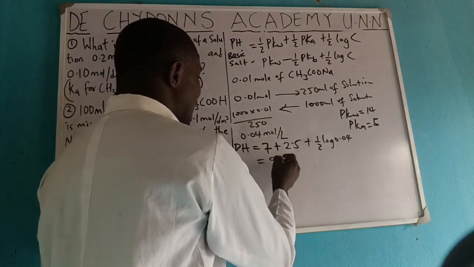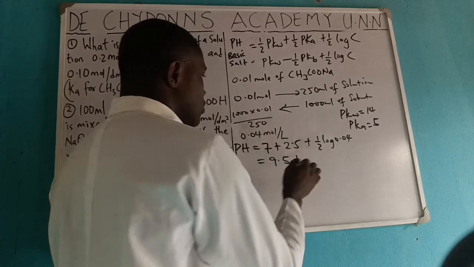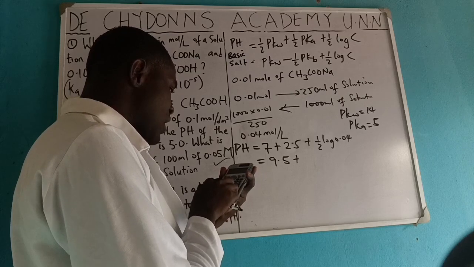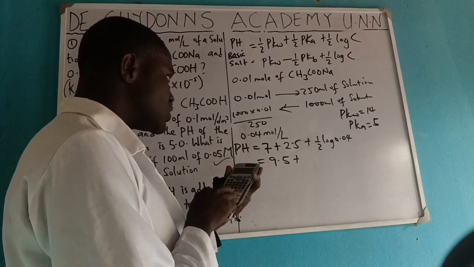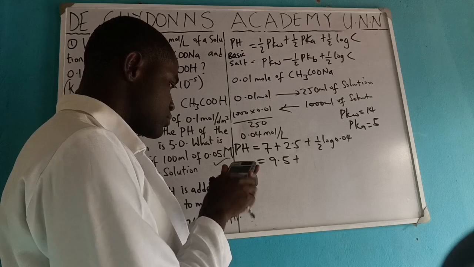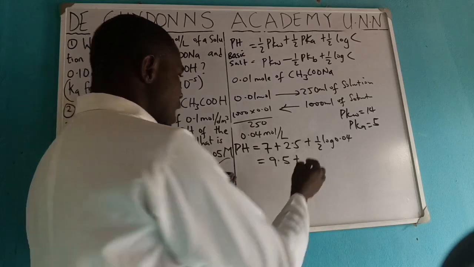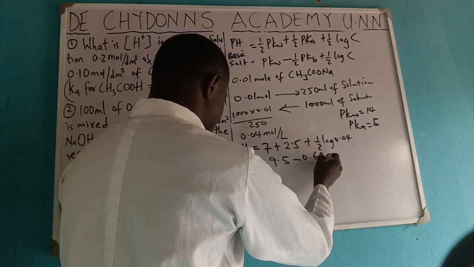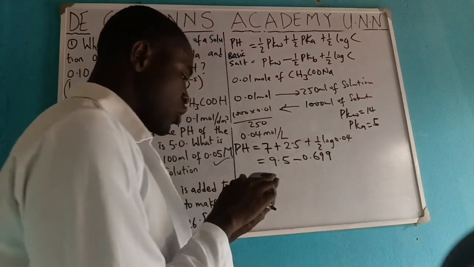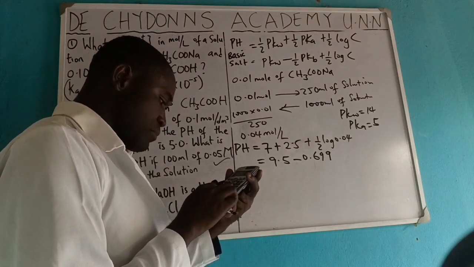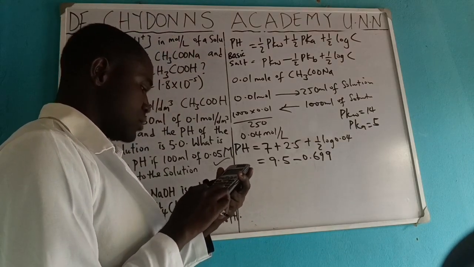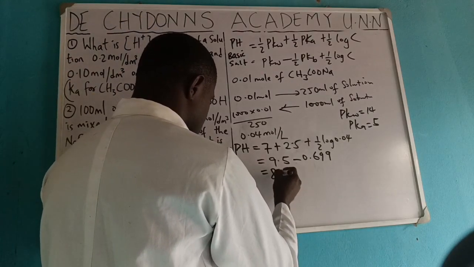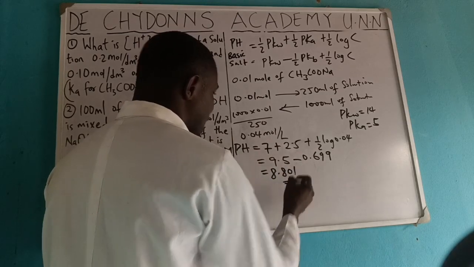That will be giving you 9.5 plus 0.5 times log 0.04, which will be giving us minus 0.699. So we now say 9.5 minus 0.699. That will be giving us 8.801 to be the answer.